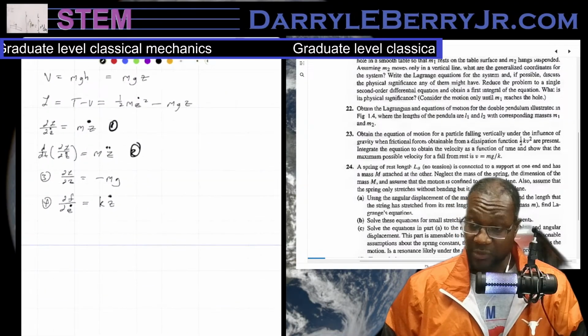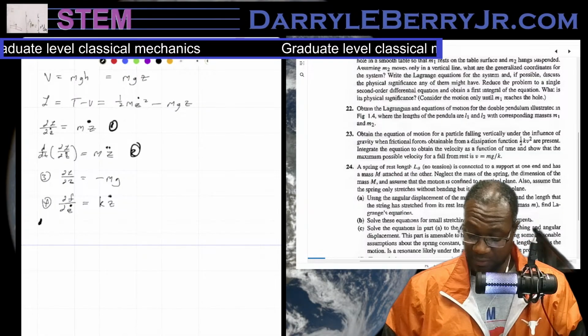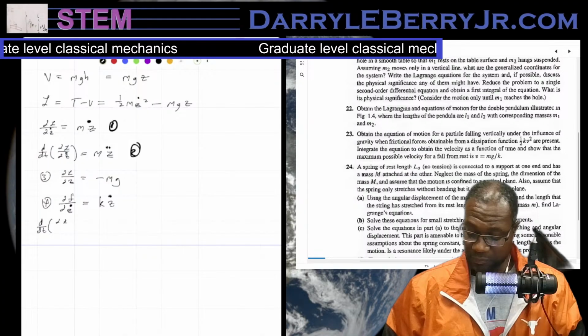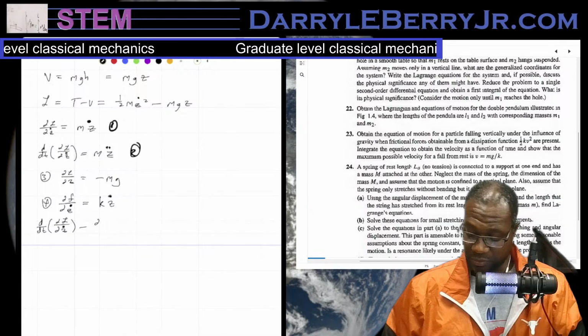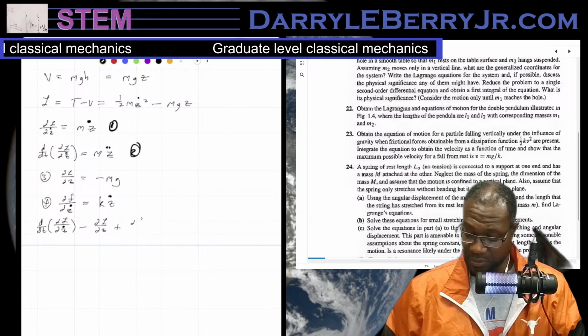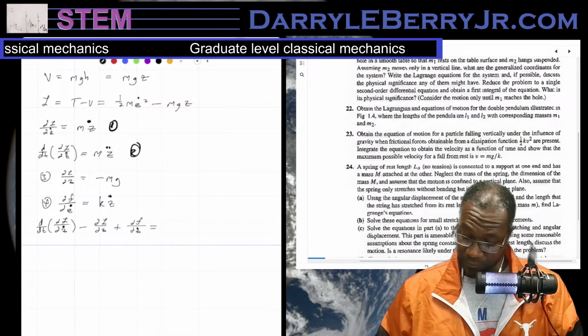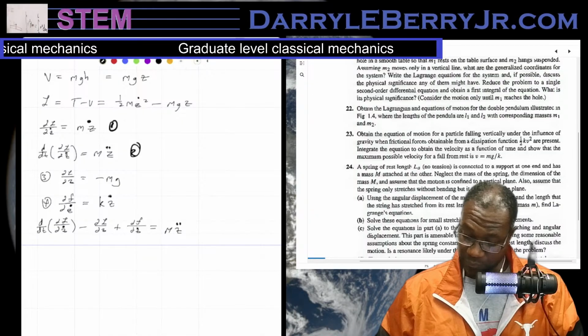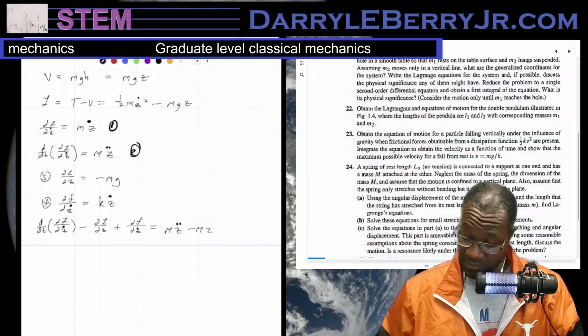So now the full Euler-Lagrange with dissipation forces is going to be the full derivative: d/dt of partial L over partial z dot, minus partial L over partial z, plus partial F over partial z dot, equals m z double dot minus negative mg plus k v dot.